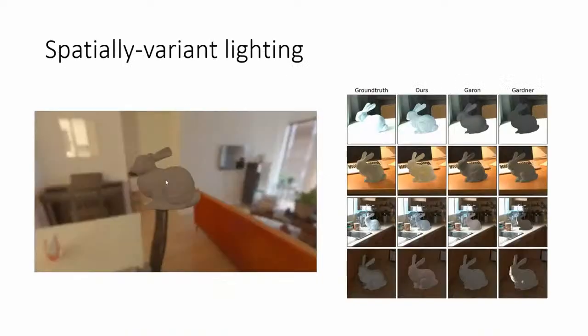Here we have an example of spatially variant lighting. This means that we move our model to different places across the scene, and the estimated light should reflect these changes in position. Our method reacts to this change, producing plausible lighting scenarios.